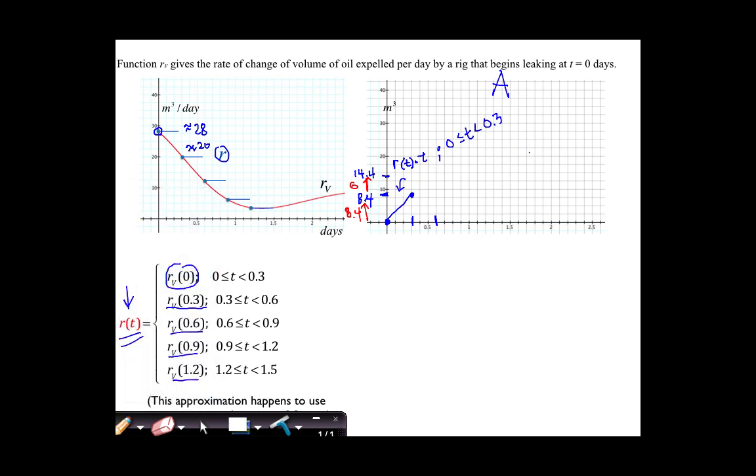If by 0.3, or 0.6 rather, 0.3 units later, I'm at this spot 14.4, this is another line segment, although it's kind of hard to tell in my slightly messy picture anyway. It's a slightly lower slope, slightly less rate of leakage of this oil.